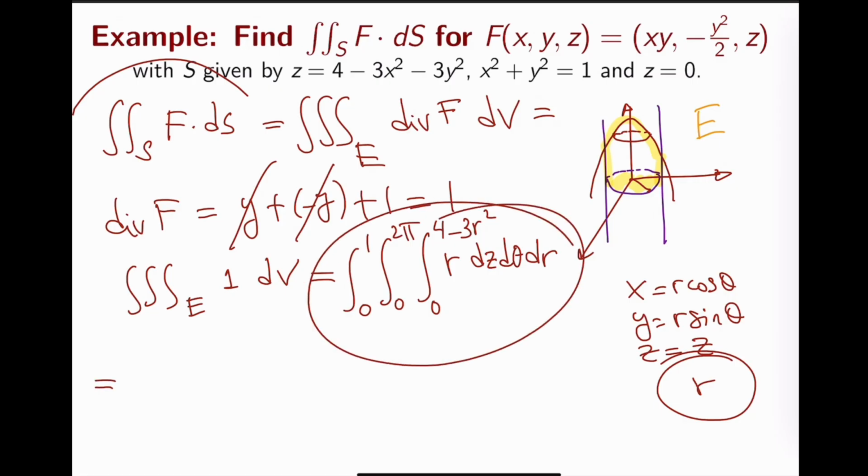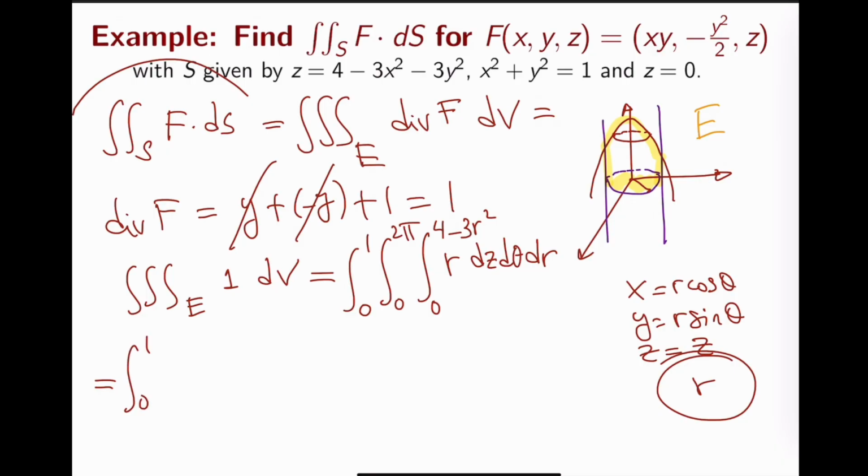So this is the integral that we have to calculate now, the integral between 0 and 1 of the integral between 0 and 2 pi, and let's calculate first the inner integral. The integral with respect to z is just r z, evaluated between 0 and 4 minus 3r squared, d theta dr. Okay, let's do the evaluation now.